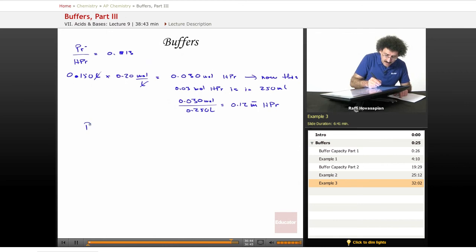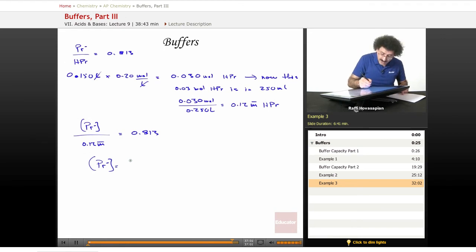Well, I know that my Pr minus concentration divided by my HPr concentration, which I just found is 0.12 molar, is equal to 0.813. Therefore, my propanoate concentration has to be 0.813 times 0.12 equals 0.09756 molarity.